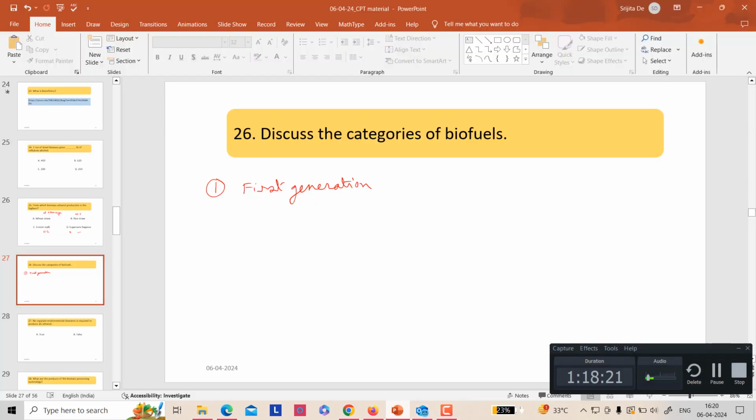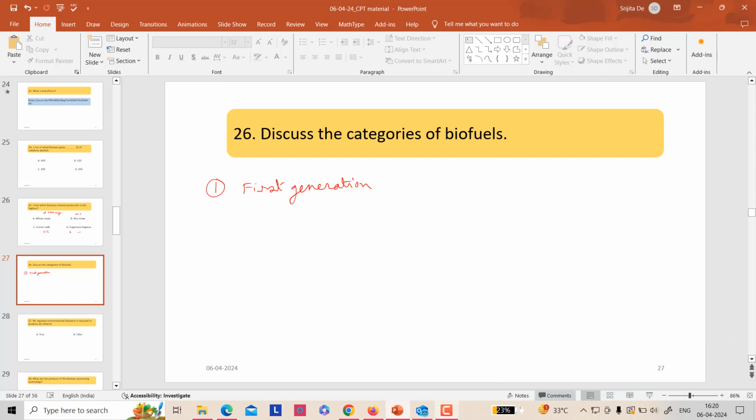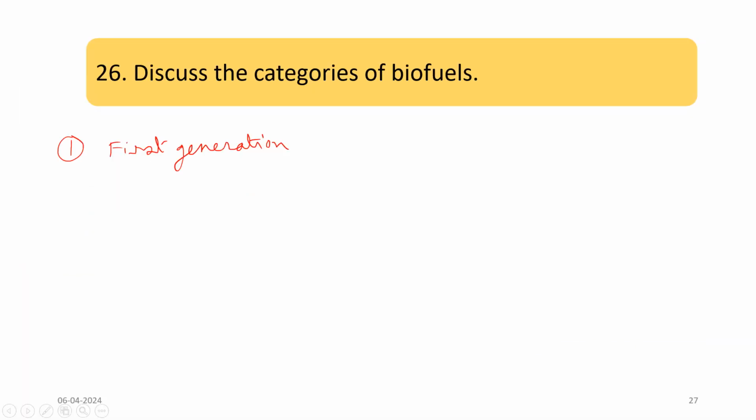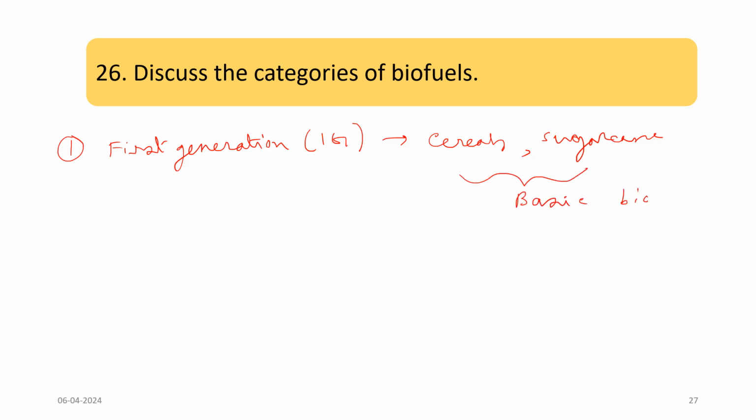Its raw materials are cereals, sugarcane, and bagasse. So these are the basic biofuels. First generation is the basic biofuel.